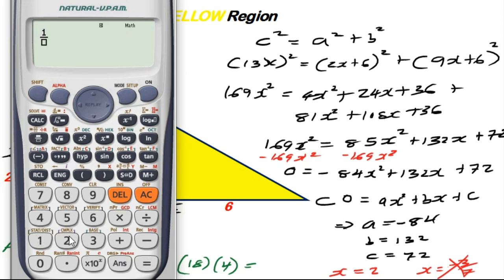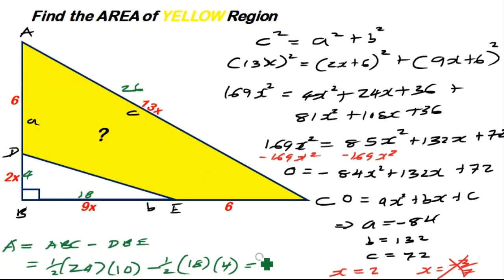So this is 120 minus 36, which is 84. So the yellow area is 84 units square.